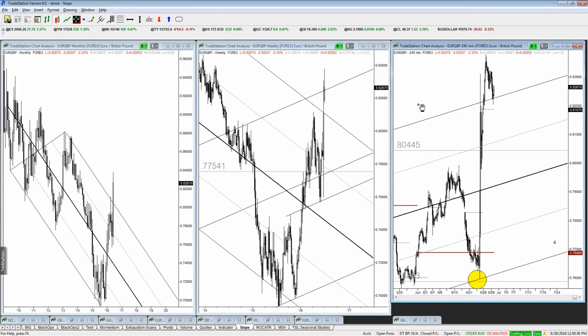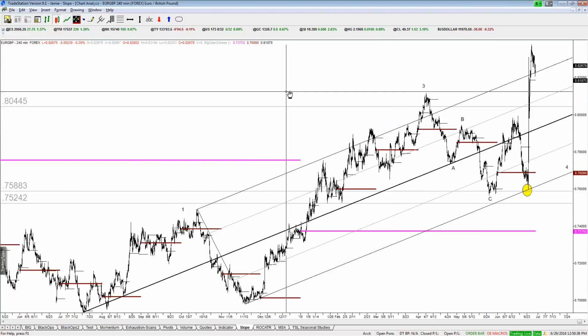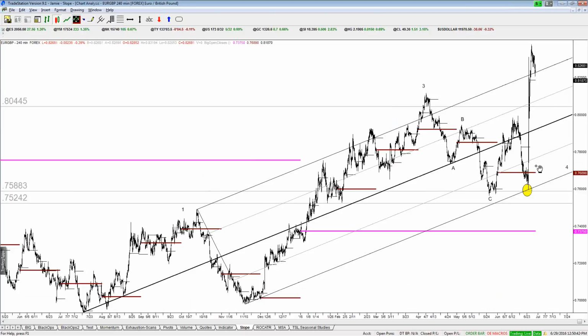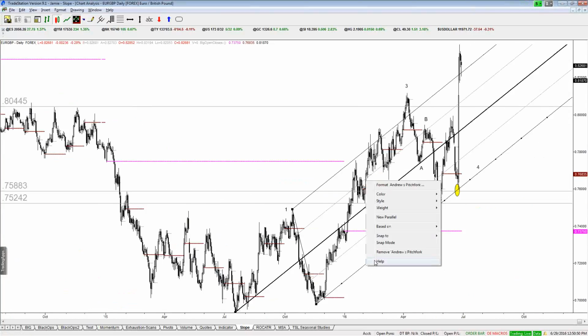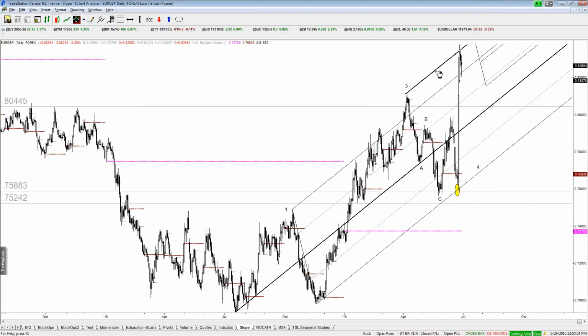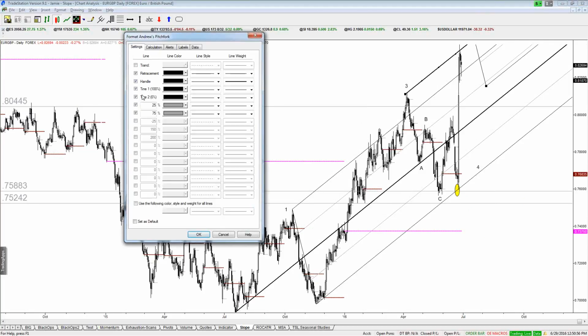But if we go to the daily chart, you can see, you're working with this, and you actually have hit uptrend resistance.